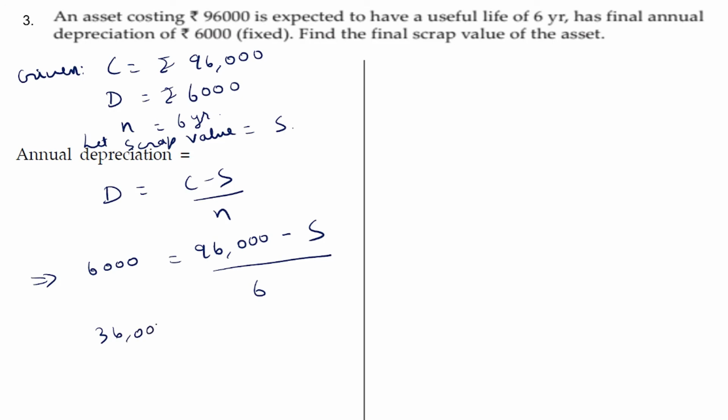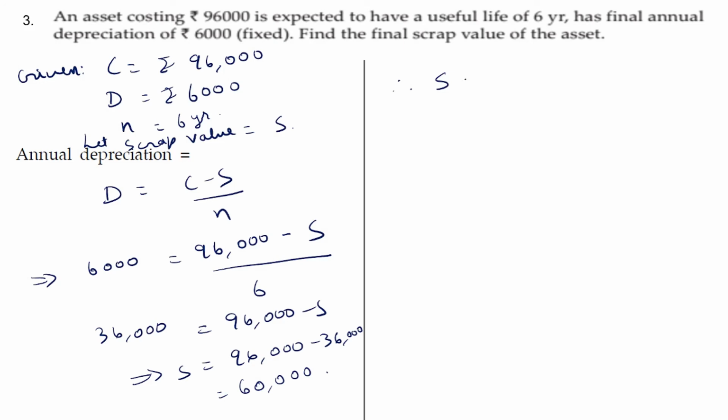So 36,000 equals 96,000 minus S, or S is 96,000 minus 36,000, which is 60,000. Therefore, scrap value is equal to rupees 60,000.